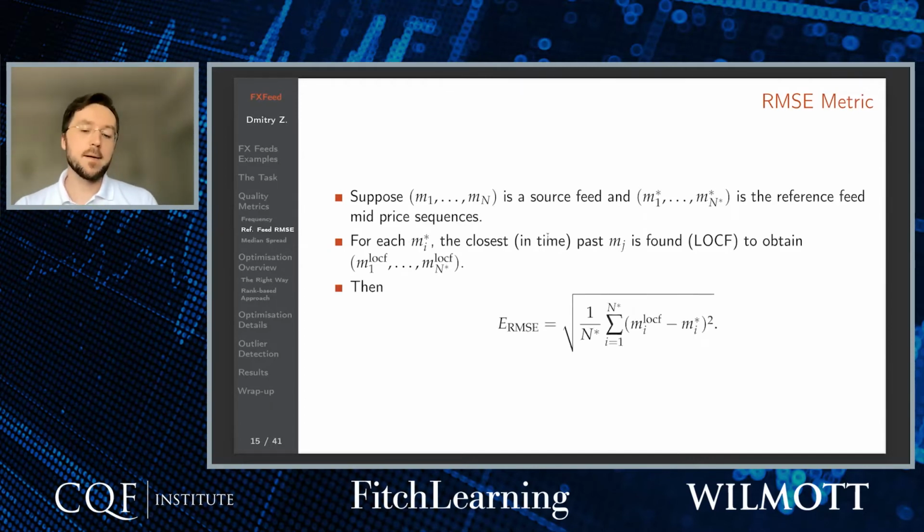And then we simply compute the root mean square error, which is the square root of the sum of squared differences between the mid-price of a source feed and the reference feed. So again, it's a metric that you want to minimize. The smaller the difference, the better. And the higher the difference, the worse, obviously.